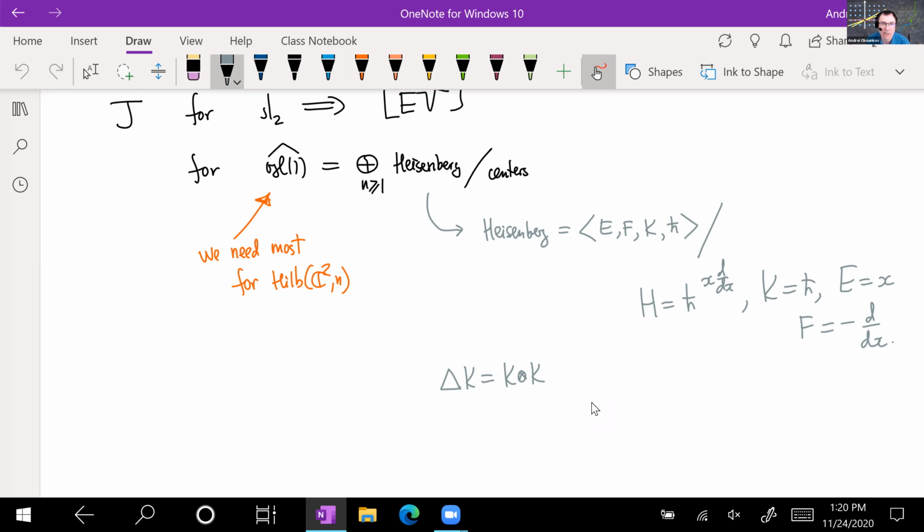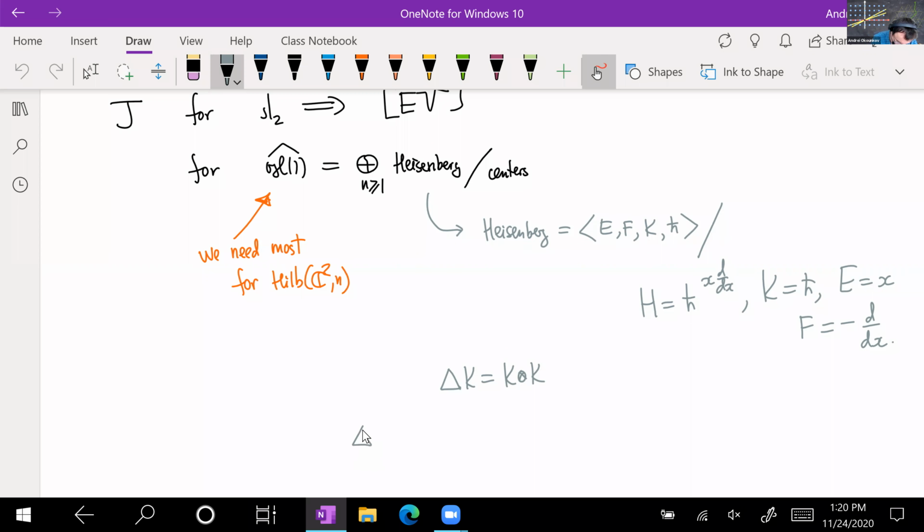I'm trying to find in my notes the formula for the co-product. Where was it? Hold on, one sec. Yeah.